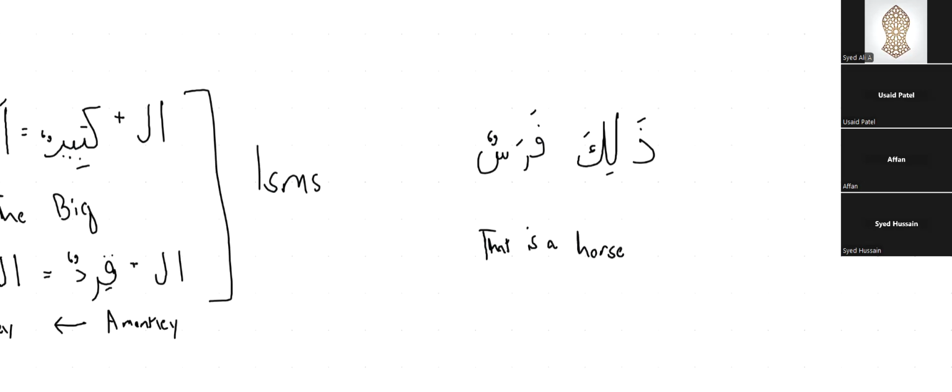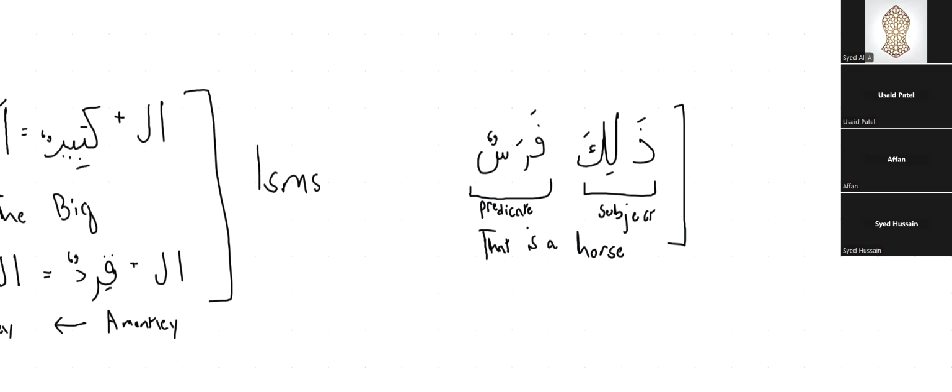Dhalika is the subject, and a predicate is what the subject is or what the subject is doing. So the predicate is the horse. Dhalika, that, is the subject; farasun, the horse, is the predicate. In total, you get something called mubtada khabar.